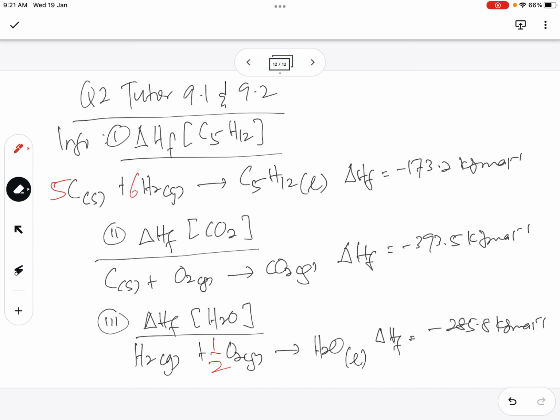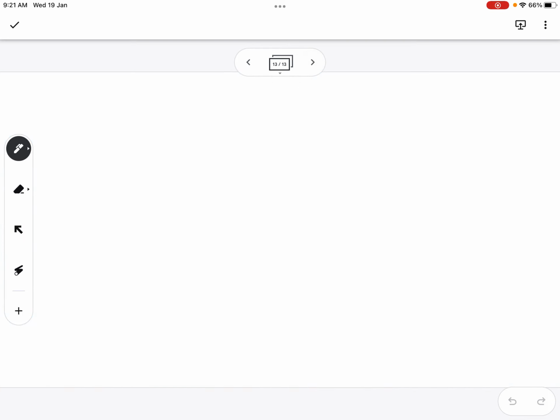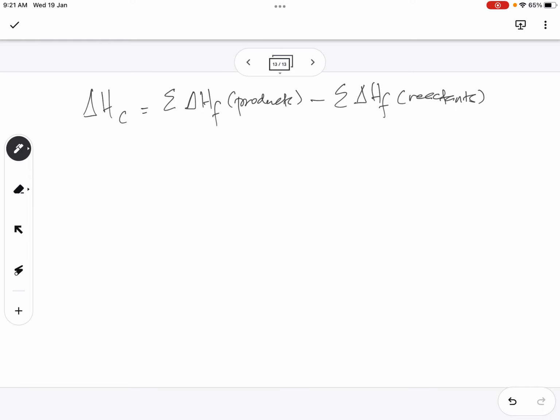Okay. So now we are going to learn a new formula. Today is the first time you're going to see the formula. The formula is enthalpy of combustion equals to summation of enthalpy of formation of products minus summation of enthalpy of formation of reactants.